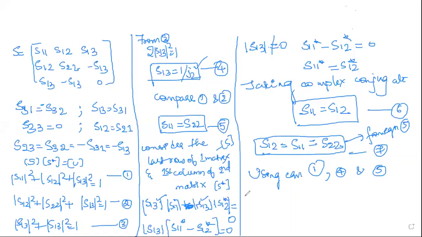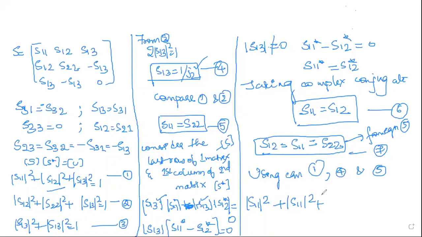So the equation will turn to S11 magnitude square plus, instead of S12, I can also write it as S11. So this will be again S11 square plus, you have 1 by root 2 as S13 value.